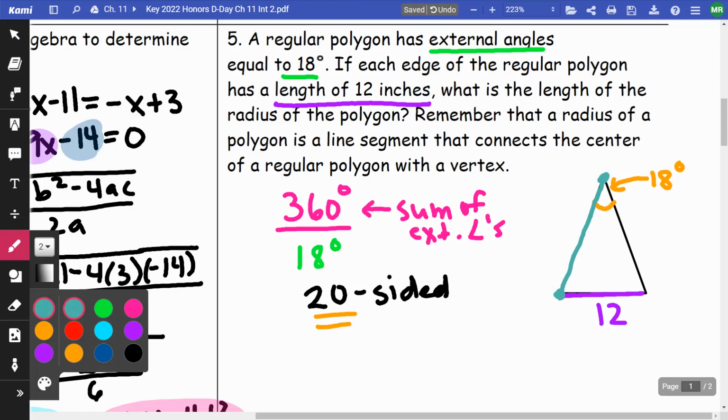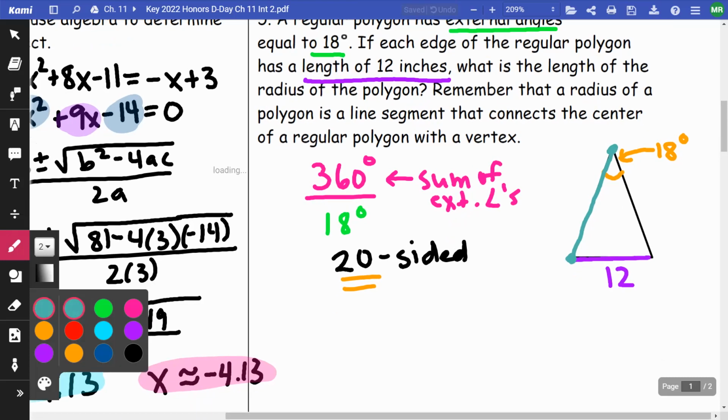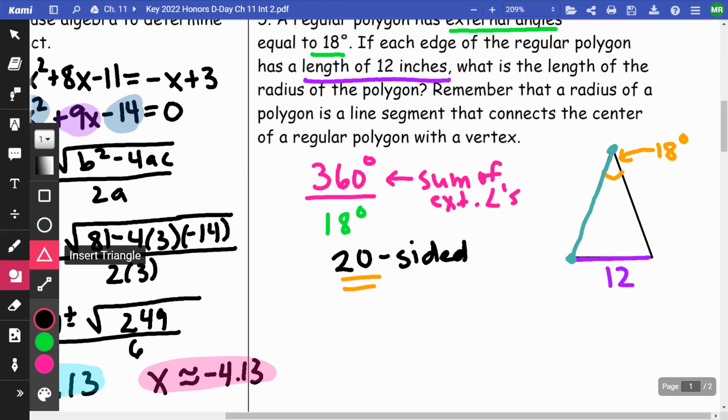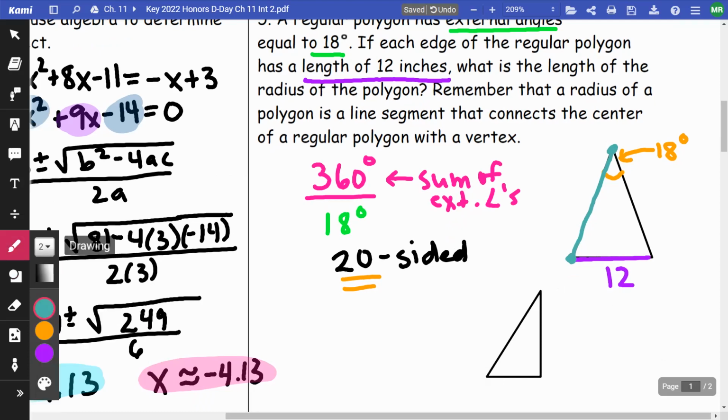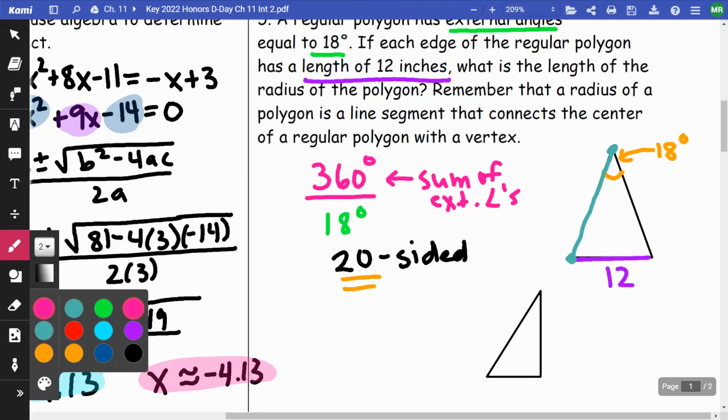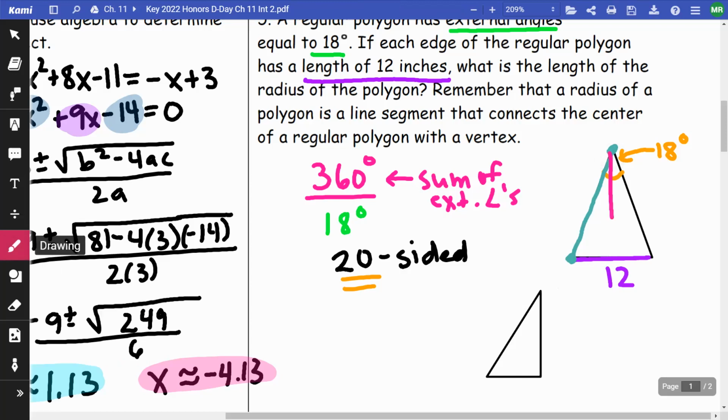If that is 18 degrees, when I split this triangle in half, this is going to be 9 degrees, 9 degrees.